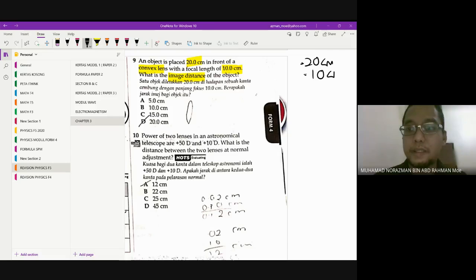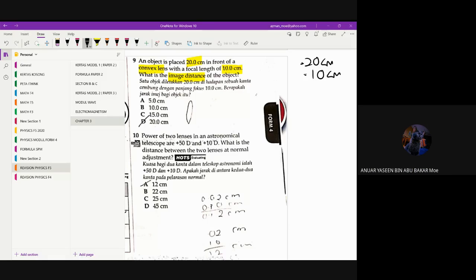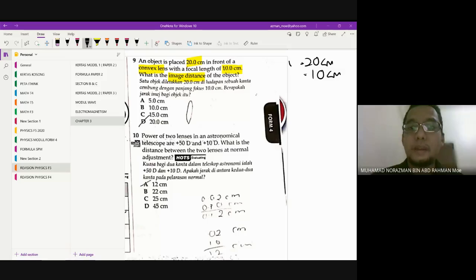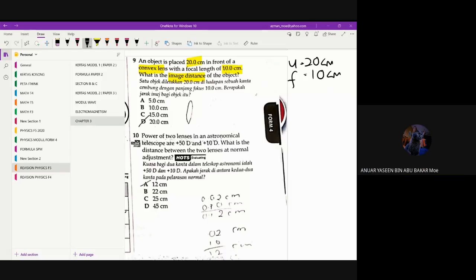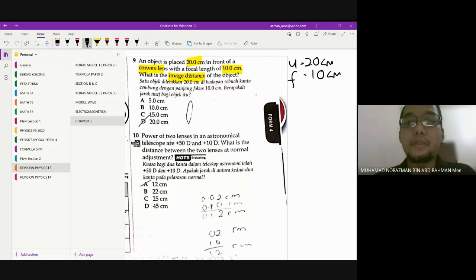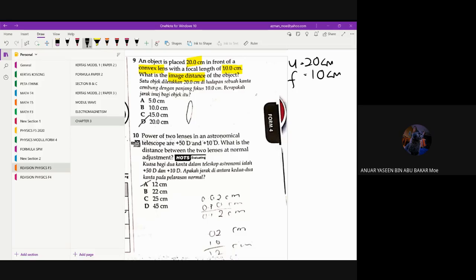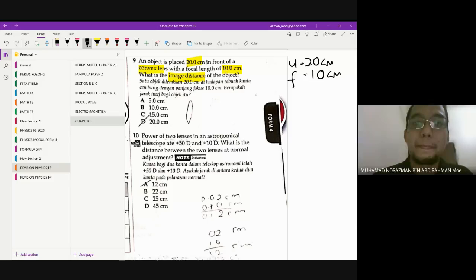What is 10 cm? U. 20 cm is U. 10 cm? F. Okay. Now, make sure F positive or negative? Convex lens positive. Convex lens? Positive. Positif ke negatif? Negatif.